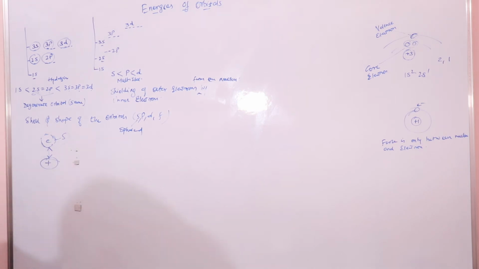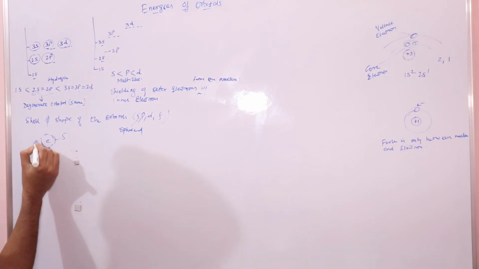Similarly, if you compare it with the p orbital, the electrons in the p orbital will shield the outer electron from the nucleus more than the electrons present in the d orbitals, right? Why? Because we know that the s orbital shields the outer electron from the nucleus most effectively.